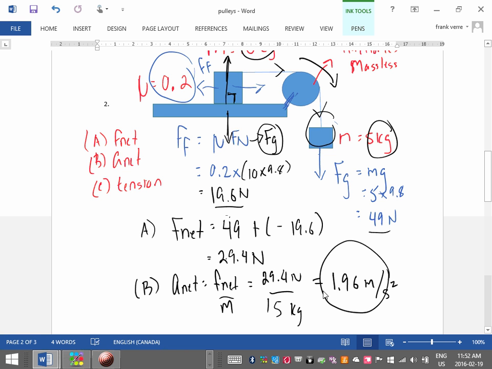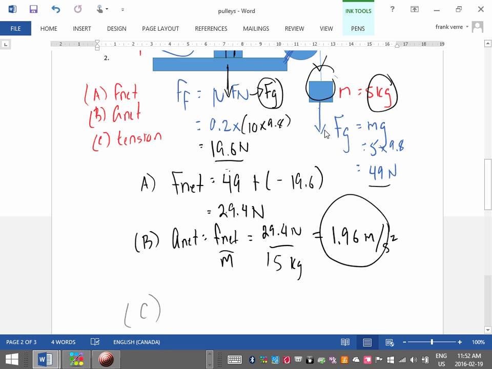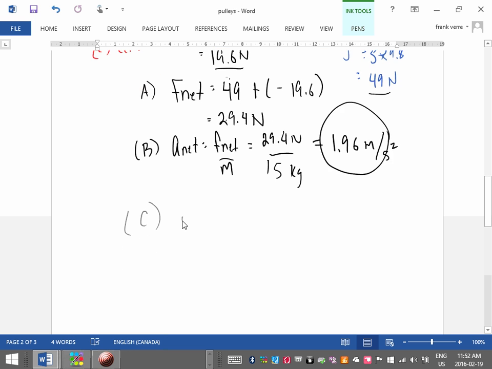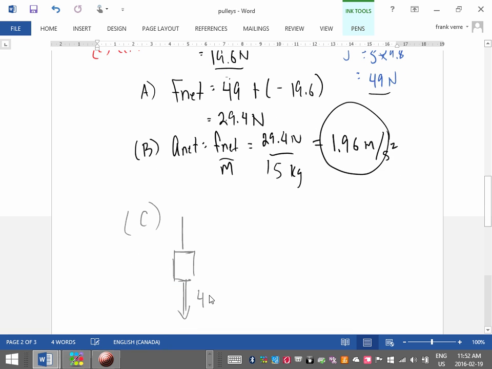Alright, one last piece then, tension. We can do the exact same thing we did before. If we consider just this block, we can redraw it. The block has a mass of 5 kilograms, and it has a weight of 49 newtons.